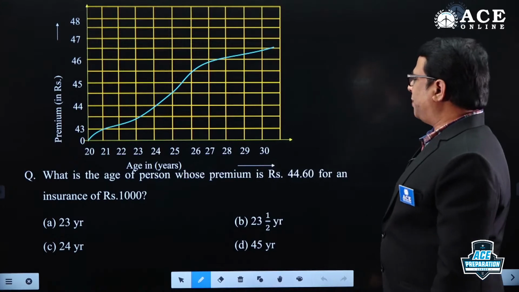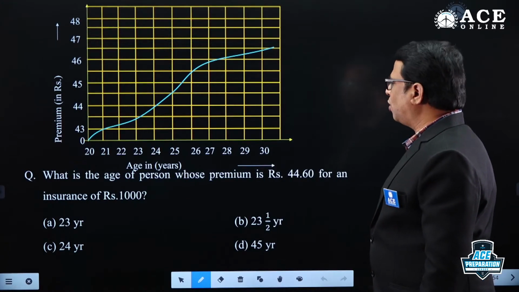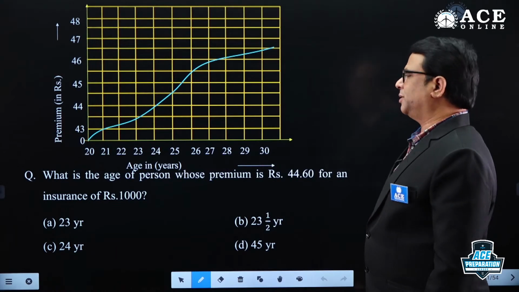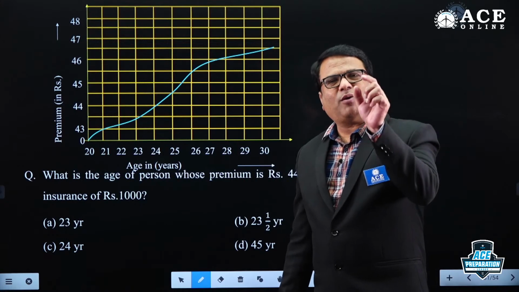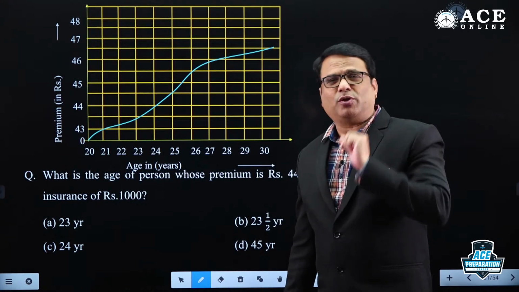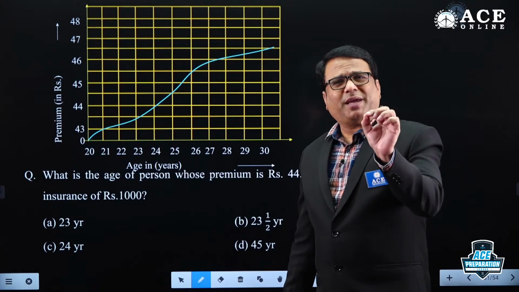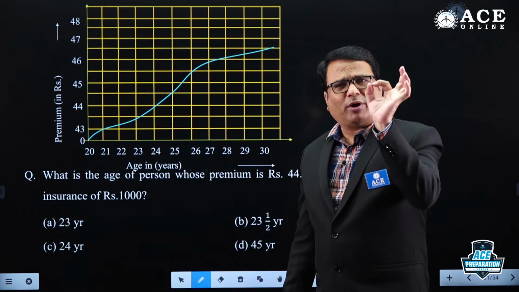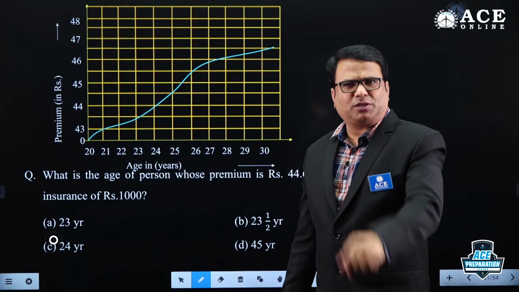What is the age of a person whose premium is 44.60 for an insurance of 1000 rupees? Now here, if a person is paying a premium of 44.6 for an insurance of 1000 rupees, what is the age of that person? That is the question.